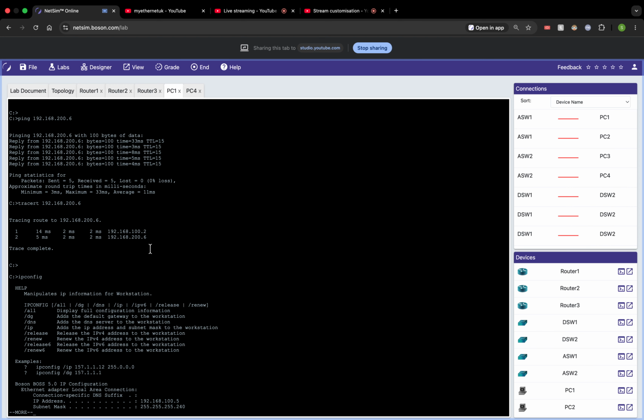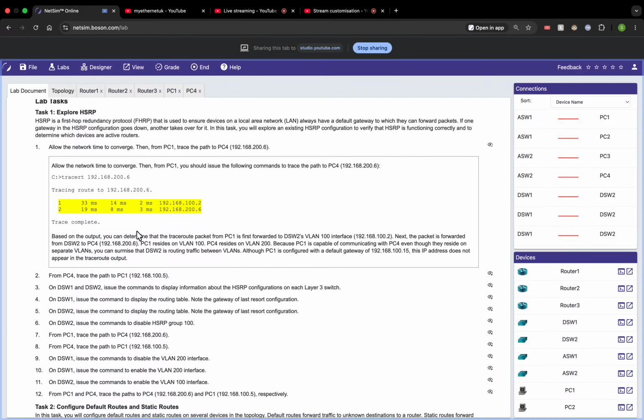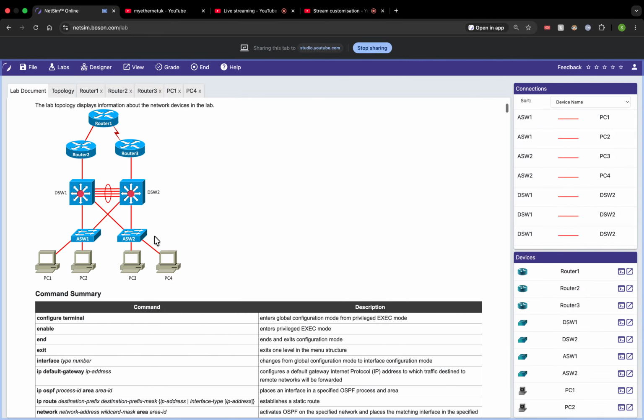Based on that output, you can determine that the trace route packet from PC1 is forwarded to distribution switch 2's VLAN 100 interface, 100.2.